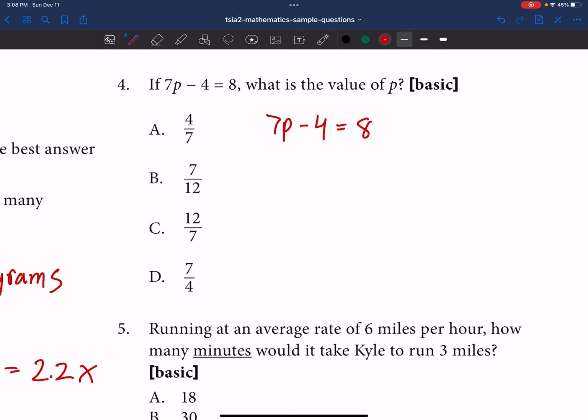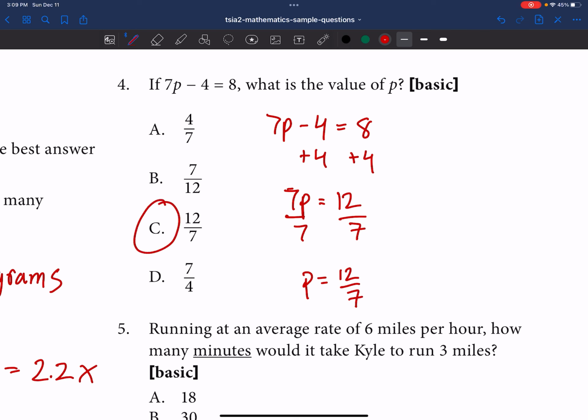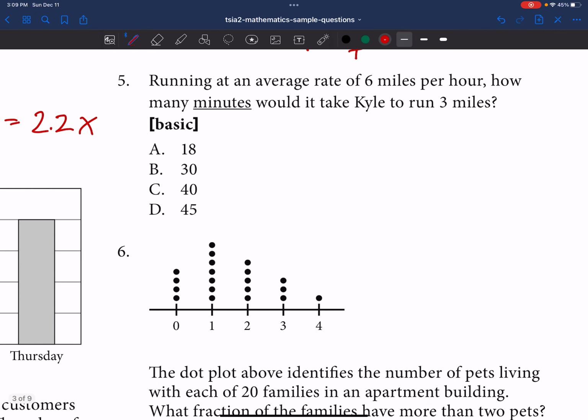So if you can avoid fractions, it's usually preferable. So I'm going to add 4 to both sides. So I get 7p equals 8 plus 4, which is 12. One-step equation, divide by 7, right? So p equals 12 over 7. So that is answer choice C. Hooray! Okay. Move on to number 5.